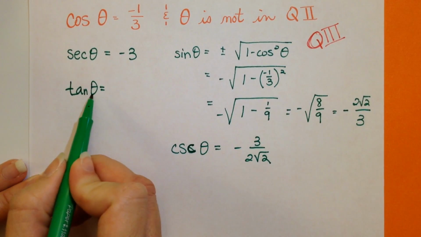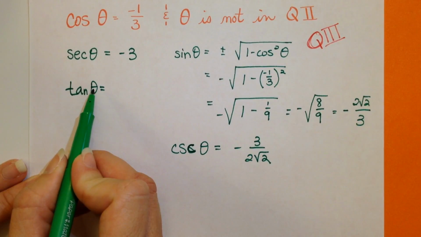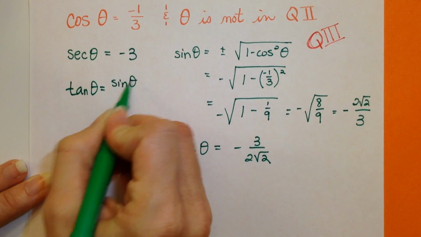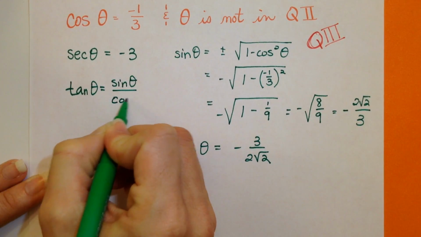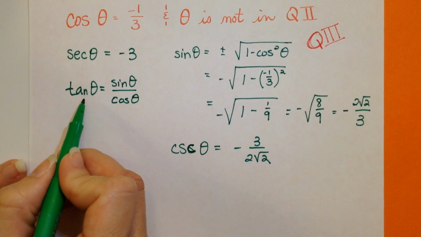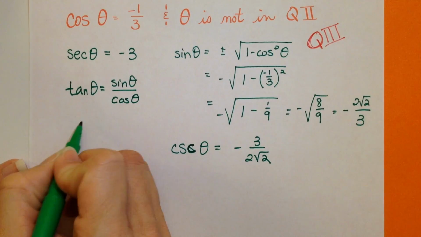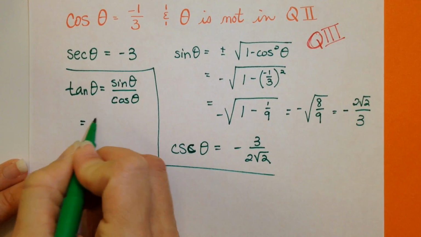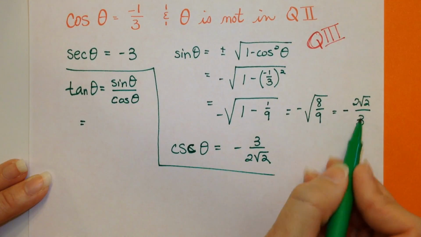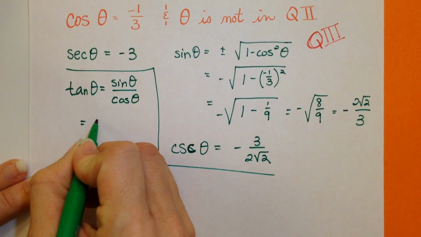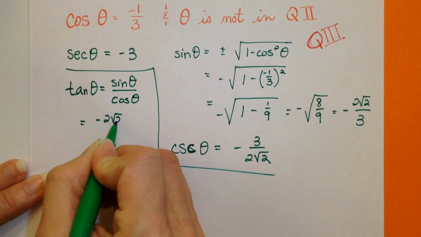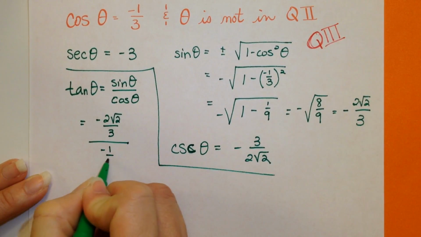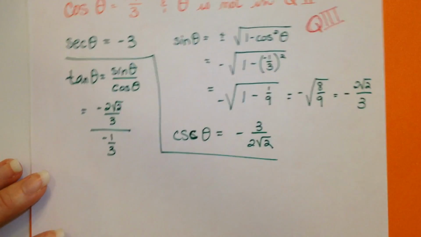I'm going to go to the ratio identity. The ratio states that tangent is sine over cosine. We know sine, that's what I found over here, so that's going to be -2 square root 2 over 3, and then I divide that by cosine, which is -1 over 3.